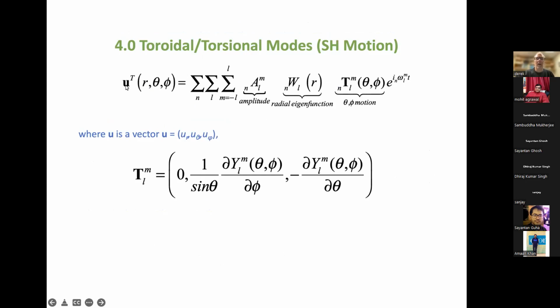So our U, our displacement just due to toroidal modes, is going to be a sum over N and L to infinity, and M, which is going to sum from minus L to L. There'll be an amplitude based on the excitation function, the earthquake, the radial eigenfunction, which we are not going to calculate, and then the surface eigenfunction, which is described here.